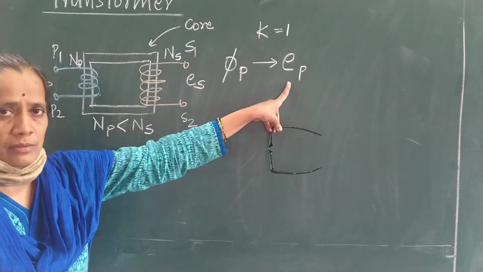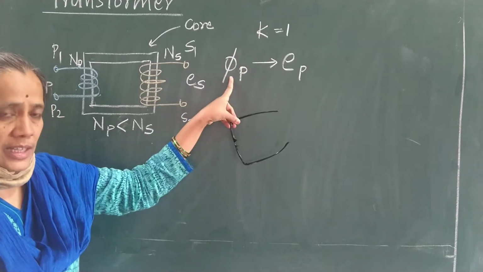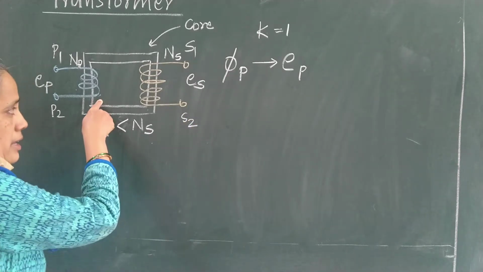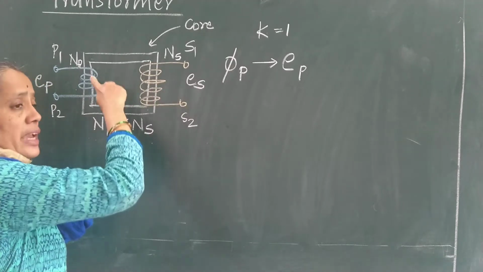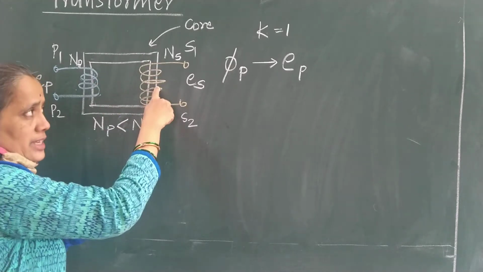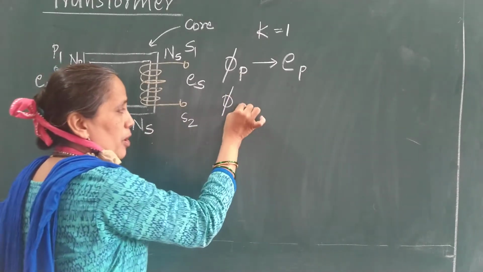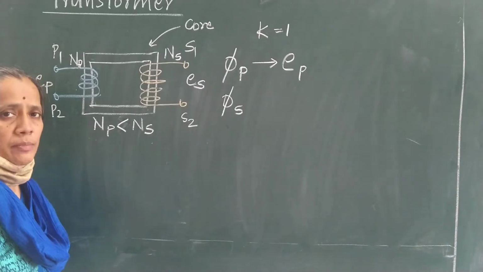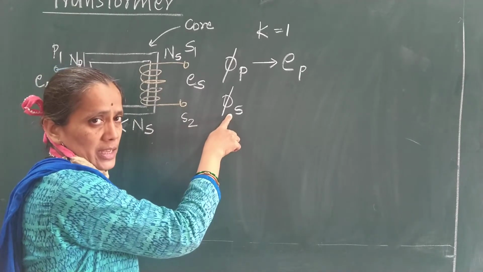And in the vicinity of the changing magnetic flux of the primary coil, if the secondary coil comes, then there will be flux linkage in the secondary coil, and therefore there will be induction of change in magnetic flux in the secondary coil, which is denoted by phi s.